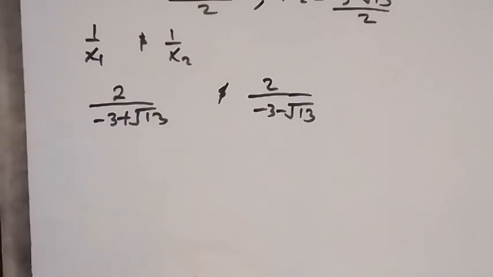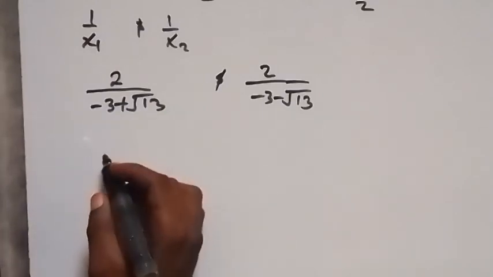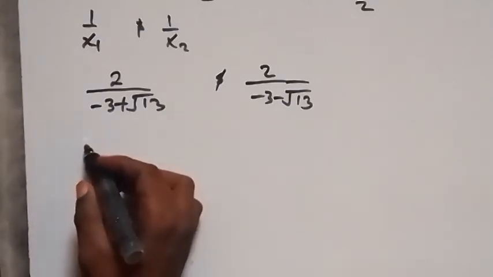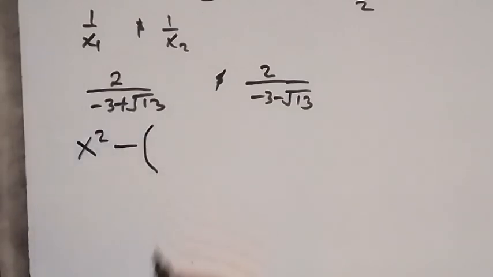So therefore, we can use the general way of forming a quadratic equation. There is a formula for that. That will give us x squared minus the sum of roots.